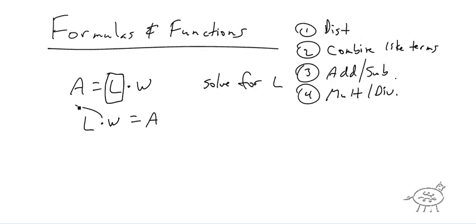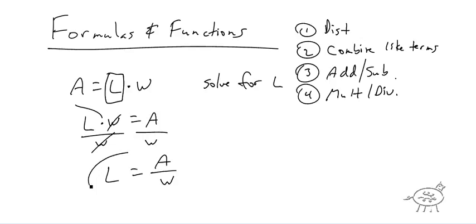Don't you divide? I've got to get rid of that W, so I'm going to divide by W. That cancels, and I get L equals A over W. That's your answer for that problem. It's actually pretty easy, but you have to remember all your rules, and you treat all the other letters that you're not solving for like numbers, like we've done before.